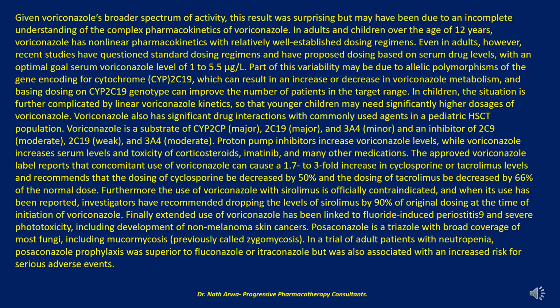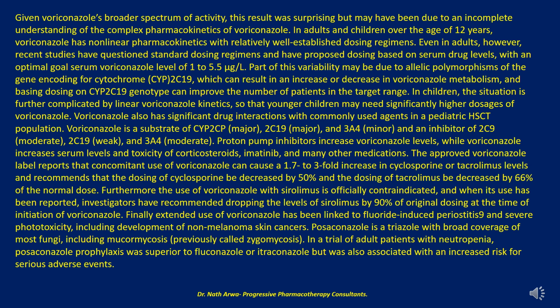the complex pharmacokinetics of voriconazole. In adults and children over the age of 12 years, voriconazole has non-linear pharmacokinetics with relatively well-established dosing regimens. Even in adults, however, recent studies have questioned standard dosing regimens and have proposed dosing based on serum drug levels, with an optimal goal serum voriconazole level of 1 to 5.5 micrograms per milliliter.